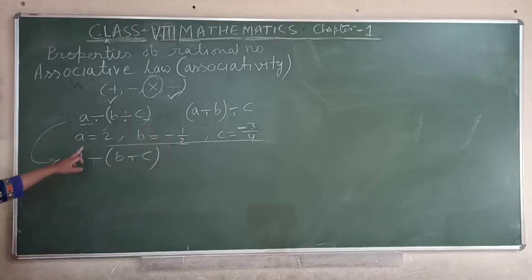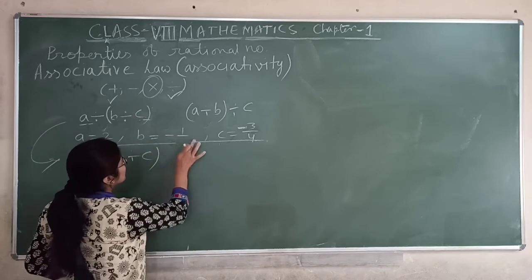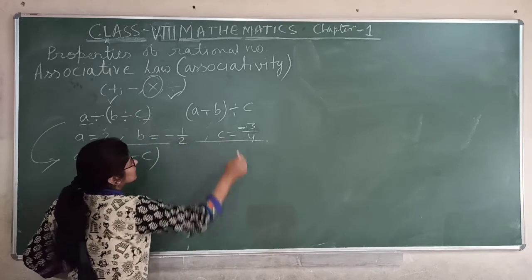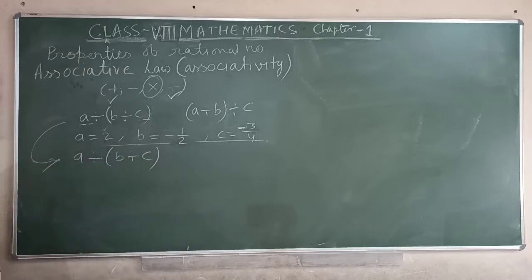Okay, the value of A is 2, B equals minus 1 by 2, and C I have taken as minus 3 by 4. So let's check.